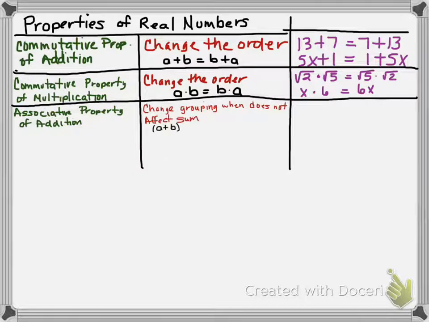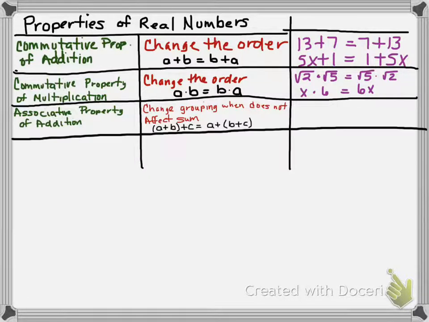So we have a plus b in parentheses plus c, which if we change the grouping, now we're going to be grouping b and c and adding the a, and it should give us exactly the same answer. So some examples, just so you could actually see it with values.